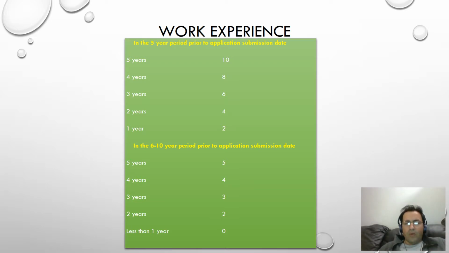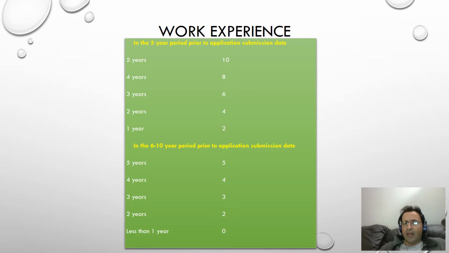I'm just telling you, do not provide any false information, because they are going to verify your evaluation and your experience, and if they find false information, you will get banned for maybe 5 years or something like that.